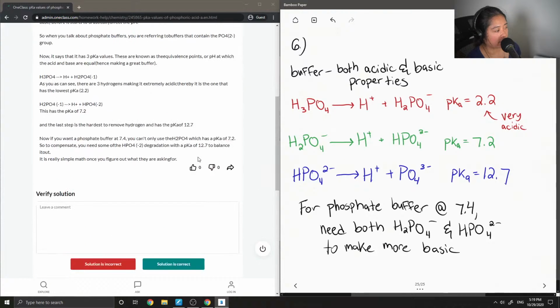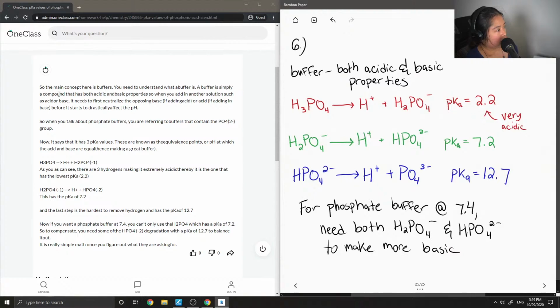So let's see the answer from our junior tutor. The main concept here is buffers, both acidic and basic properties. They give us 3 pKa values. These are known as the equivalence points, or pH at which the acid and base are equal, hence making a great buffer. So you can see there are 3 hydrogens, making it extremely acidic, therefore it is the one that has the lowest pKa.